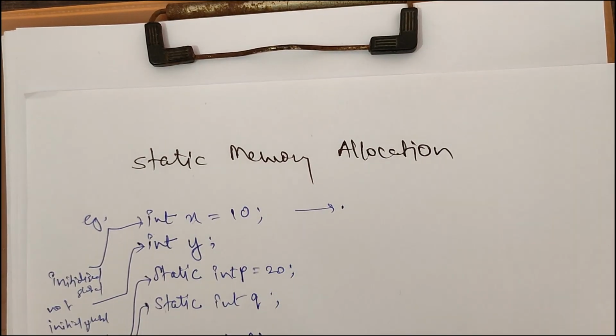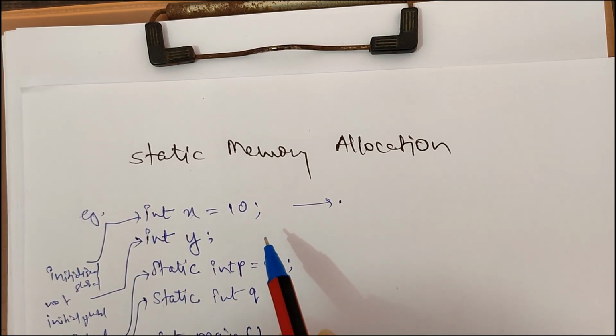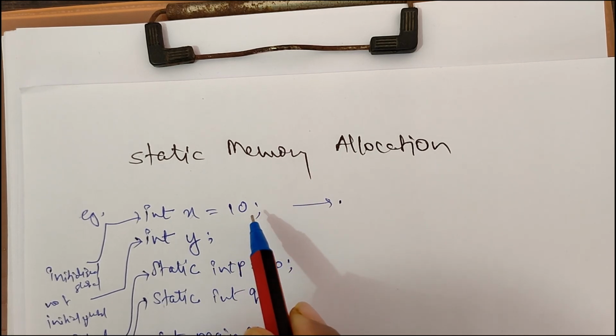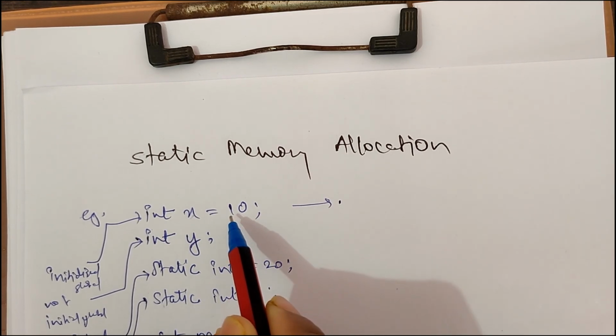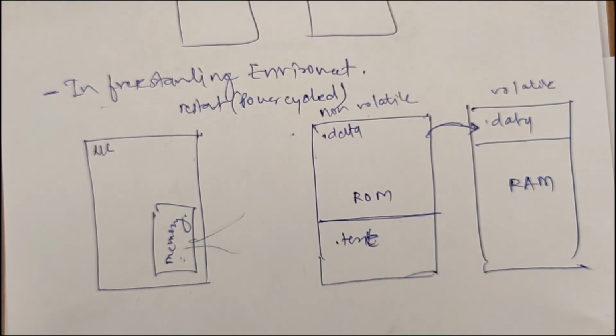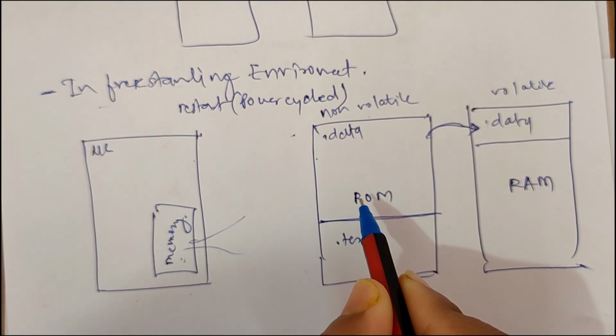How am I able to do that? Because the value of x is equal to 10 cannot be modified suddenly, because that value is stored in the ROM section. So from the ROM section I cannot change the value.